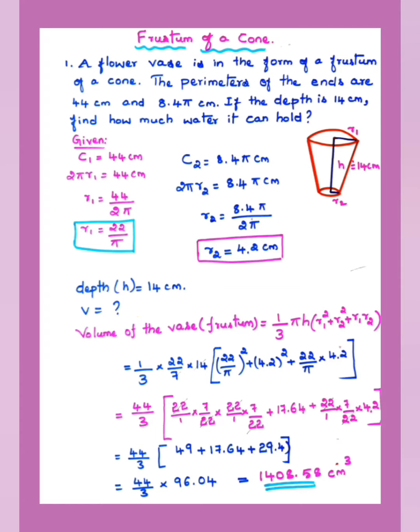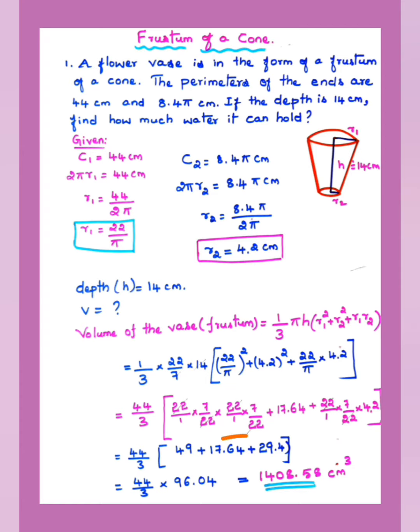Volume we have to calculate. The formula to calculate volume of the frustum is 1 by 3 pi h, R1 square plus R2 square plus R1 into R2. So substitute for the remaining values, pi value, h value, and R1, R2 you have calculated here, and you can solve the square of this 22 by pi. You can substitute and take this pi to the numerator, that becomes 7 by 22.